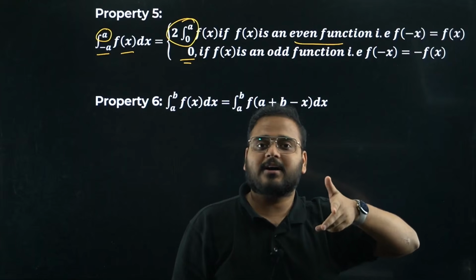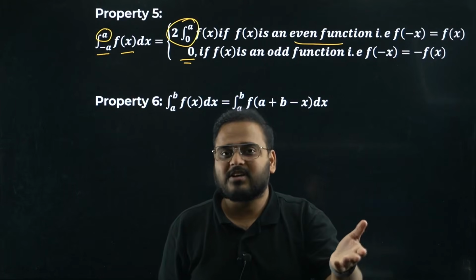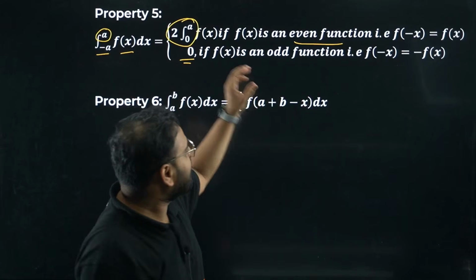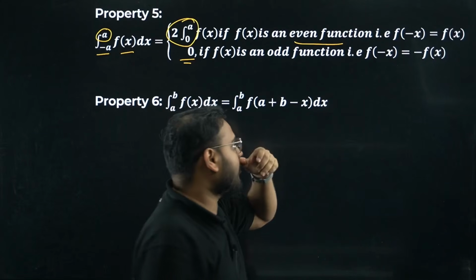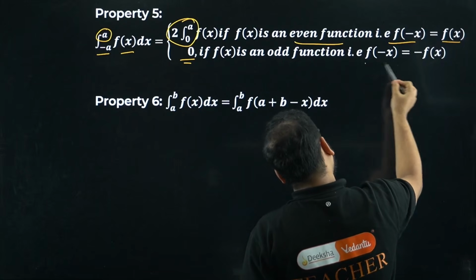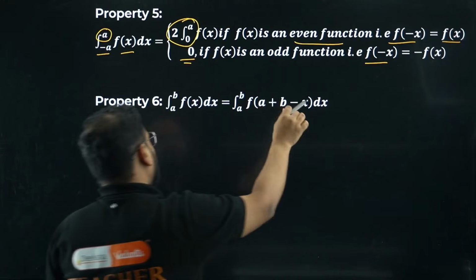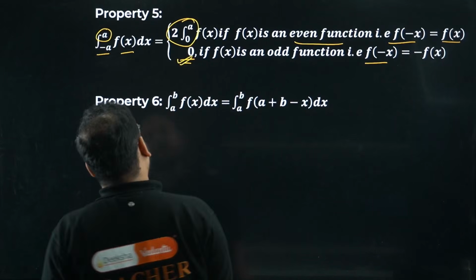You don't have to actually do it. Why, sir? Because it will be an odd function, and the answer will be 0. That's why please check whether the function is even or odd. How do you define it? f(-x) coming as f(x) means even, coming as minus f(x) means odd. Just check for this part and then get the answer to be 0.